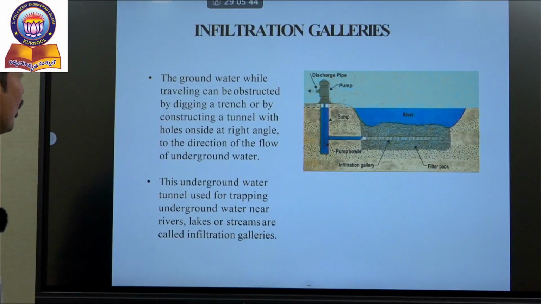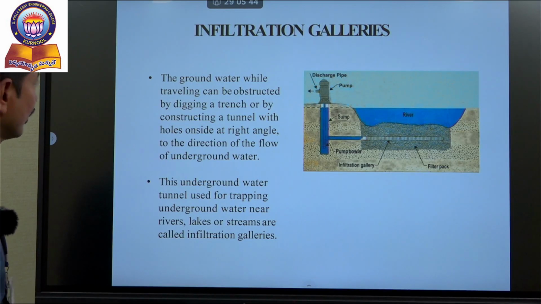This is called an infiltration gallery. Generally, it is constructed along the river, where water is tapped from the ground beside the river. This water is good for drinking without any treatment. We can directly supply it to the public because it is almost purified with the help of the river bed.